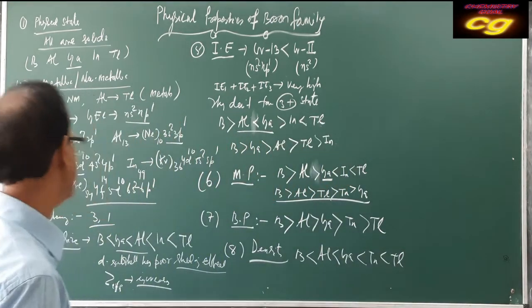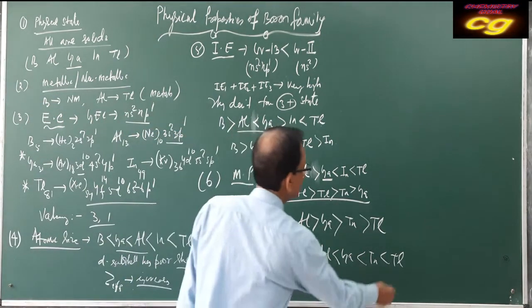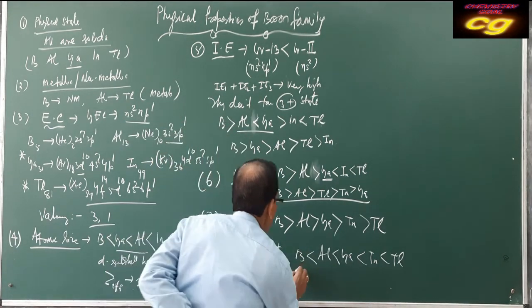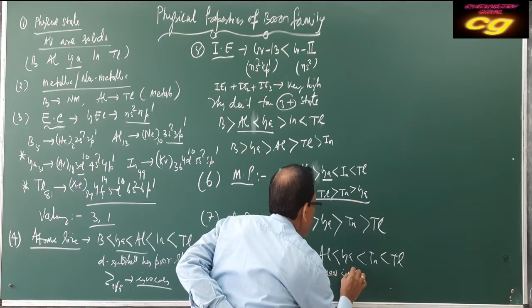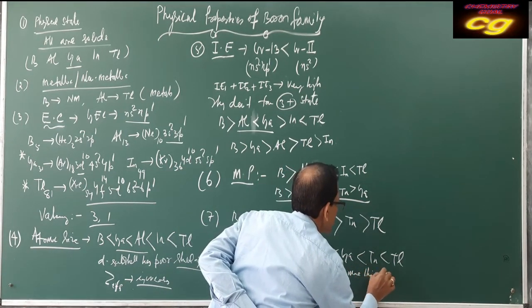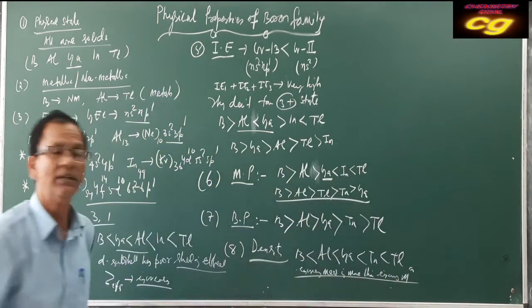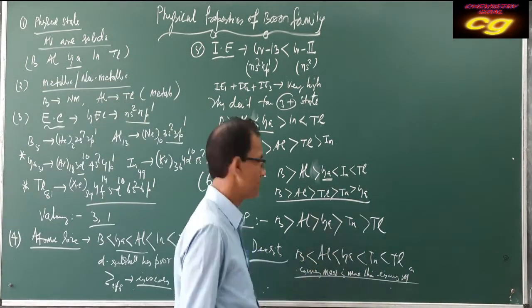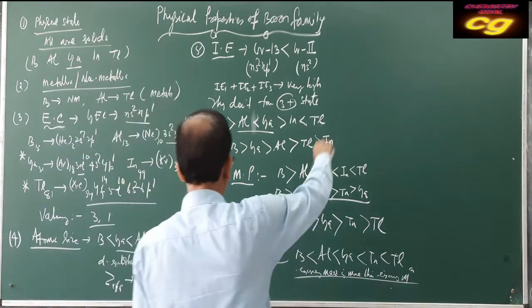Density increases from boron to thallium because the increasing mass is more than the increasing volume. This is the difference. Increasing mass is more than increasing volume, that's why density increases. So boiling point, density, melting point, then ionization energy, then electropositive nature.